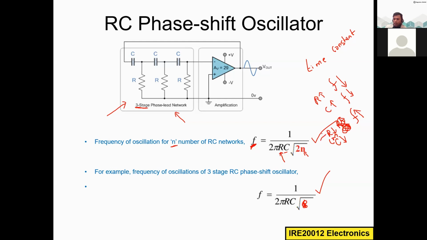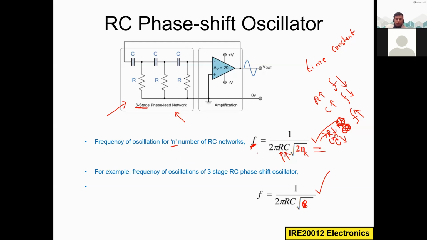But we know that it's not a good strategy to touch the resistor value, so we better change the capacitor value. If we just reduce the capacitor value, the frequency of oscillation will automatically increase. So instead of 1000 Hertz, maybe you can get 1200 Hertz or 2000 Hertz, up to you. You can calculate the frequency by using this formula, and by changing this value you can easily calculate the frequency of oscillation numerically.